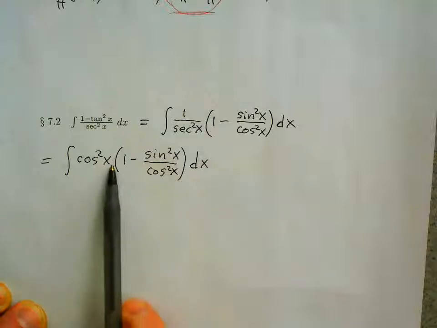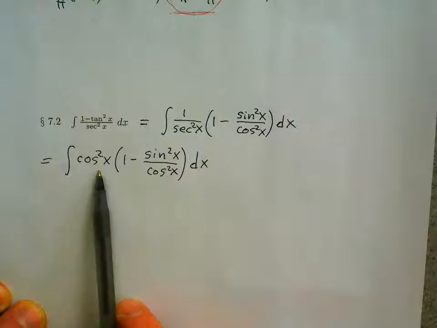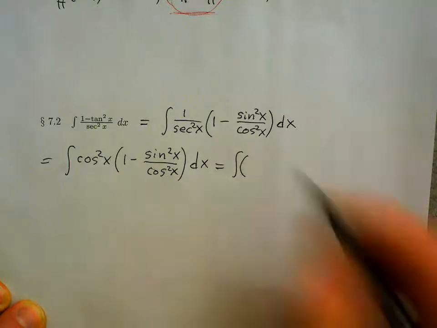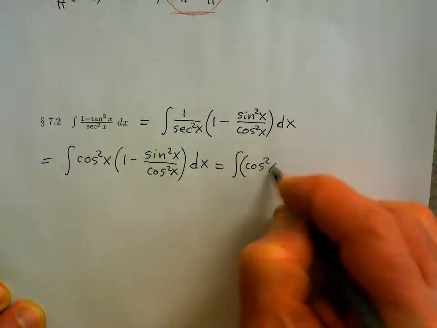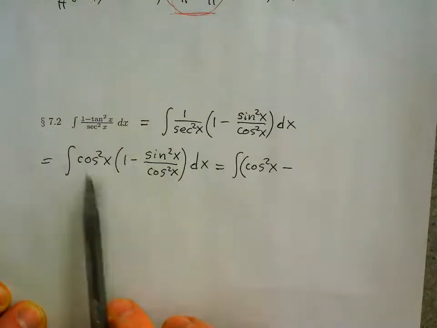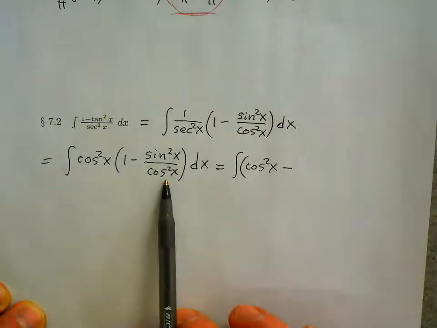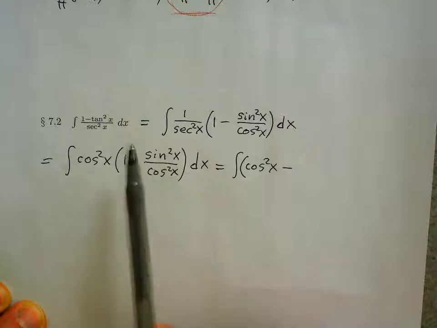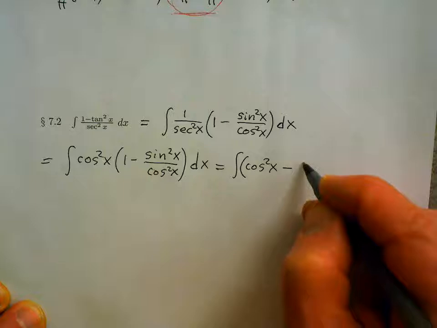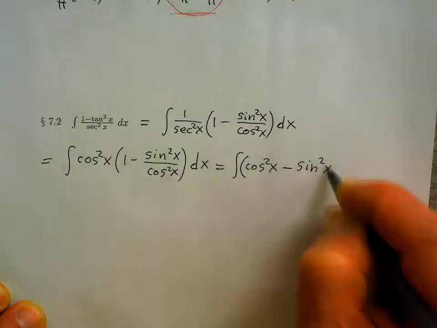Then I'm going to distribute multiplication by cosine of x squared over this quantity. So we'll get the indefinite integral of cosine of x squared minus, so when we multiply cosine of x squared times sine of x squared divided by cosine of x squared, the cosine of x squareds cancel, so we're just going to have minus sine of x squared.